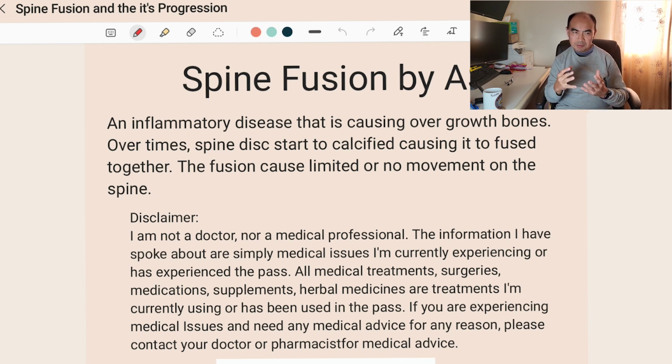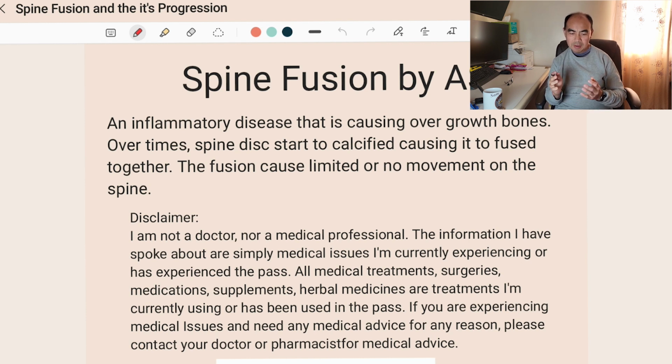Spine fusion is basically an inflammatory disease that causes an overgrowth in the bone, and over time the bones will start calcifying and growing over your disc, where it creates very limited or almost no mobility of the spine.